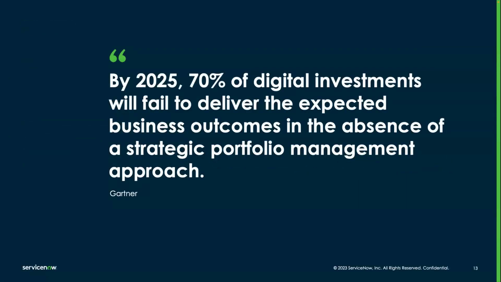I'm just going to use a quite well-known quote from Gartner. They're saying by 2025, all those organizations that are engaged in digital transformation activities are actually going to find that 70% of the digital investments, those digital initiatives they're trying to deliver, are not going to live up to their expected business applications.